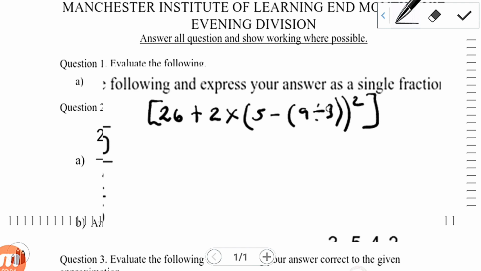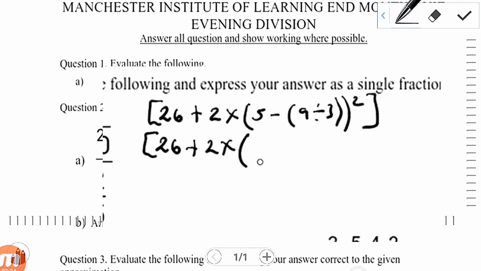So basically we have an inner bracket for the 9 divided by 3, then we have another bracket covering the 9 divided by 3 including the 5. Then we have a bracket for the square. Then we have a bracket for the solution for everything inside the bracket here. I do strongly recommend that my students go ahead and do this question in parts. For some students that are a little bit more advanced, you may be able to take multiple steps at the same time.